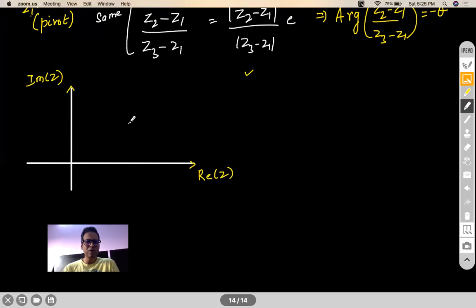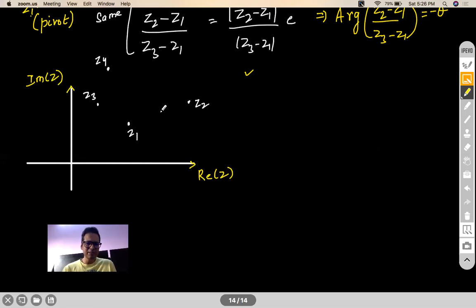So let's say there are four complex numbers, Z1, Z2, Z4 and Z3. I'm just taking a random four, like this.